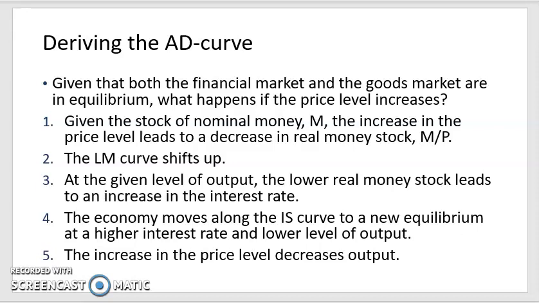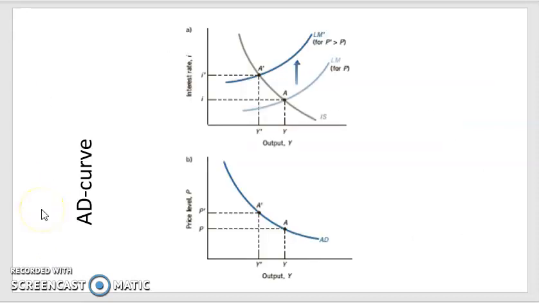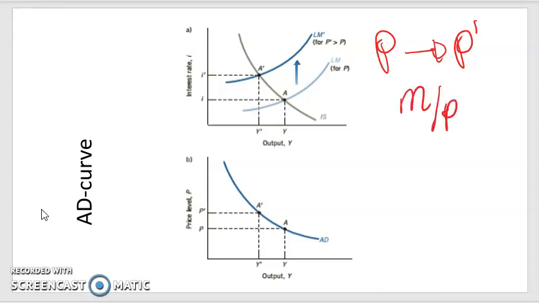In the case where there is an increase in price level from P to P prime, given the nominal money stock, the increase in price level decreases the real money stock. So the LM curve will have to shift up as indicated in this curve.